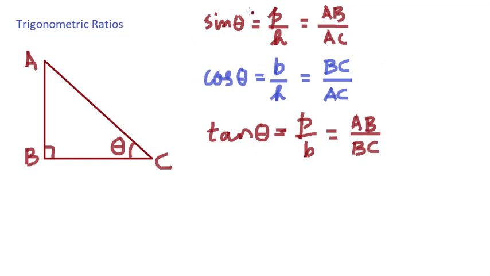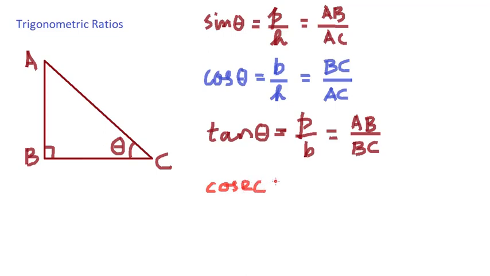After defining these three basic trigonometric ratios, we define their reciprocals. So the reciprocal of sine is cosec.